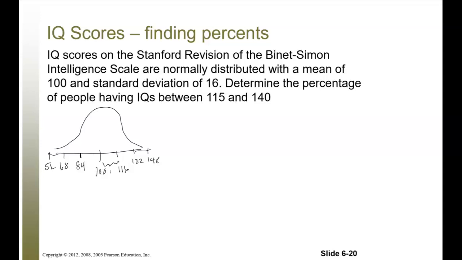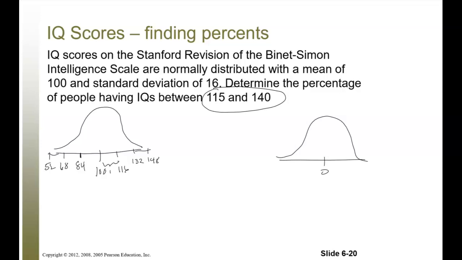Okay, so this is my unstandardized normal curve with the actual numbers. When I standardize it, it just looks like this, right? With 0 in the middle, and you go 1, 2, 3, negative 1, 2, 3. What I want to know is what is the percentage of people that have IQs between 115 and 140?